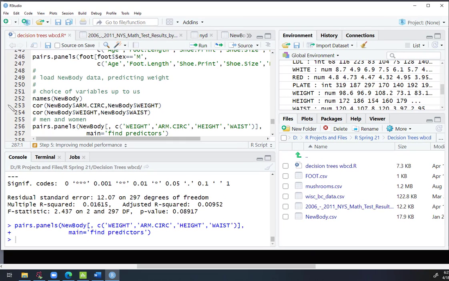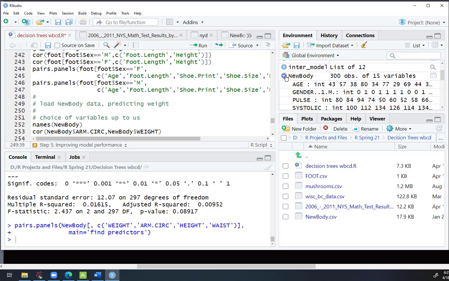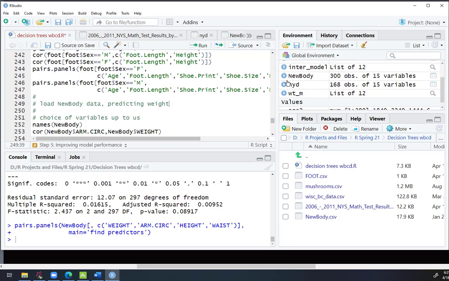I think that's pretty good. And on line 248, I'm loading up, or I have just loaded, a set of data that we've seen before. The data is called New Body, and it's 300 observations of 15 variables.